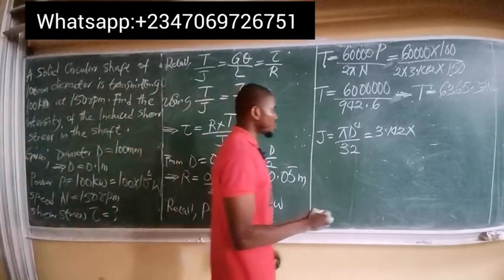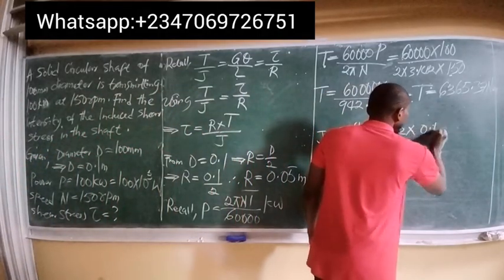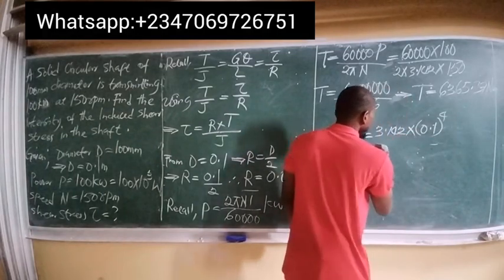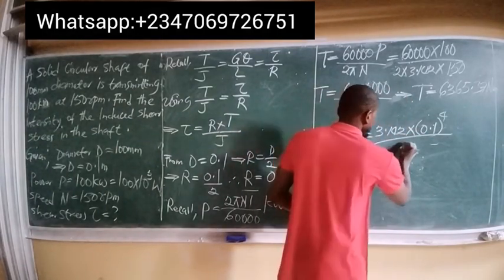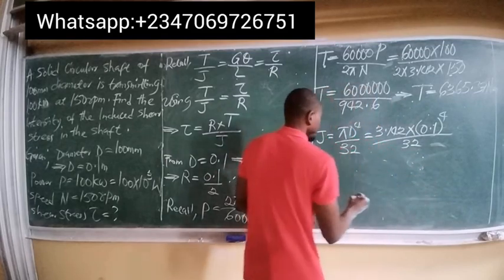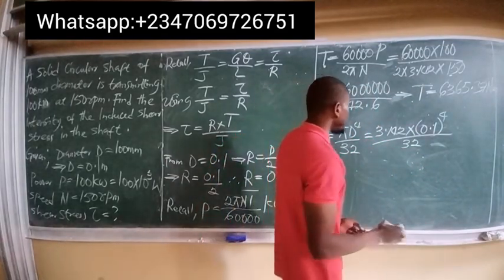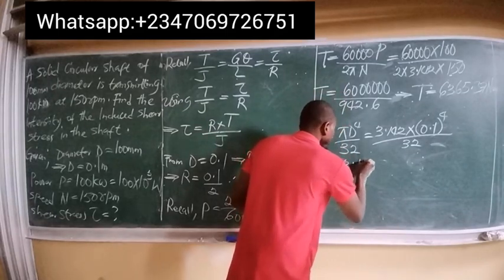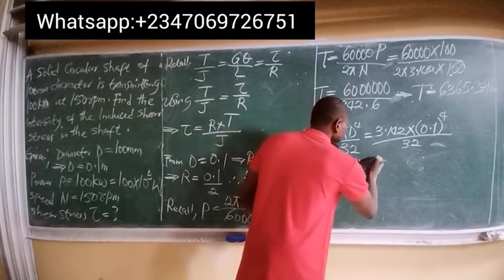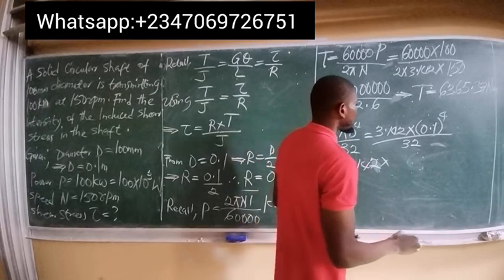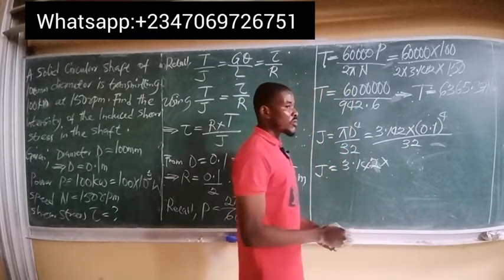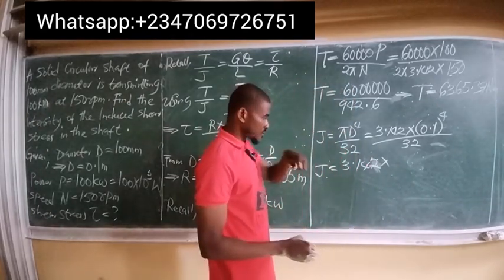So we simply have 0.1 to the power of 4 divided by 32.